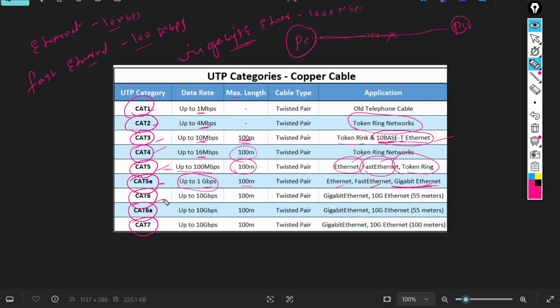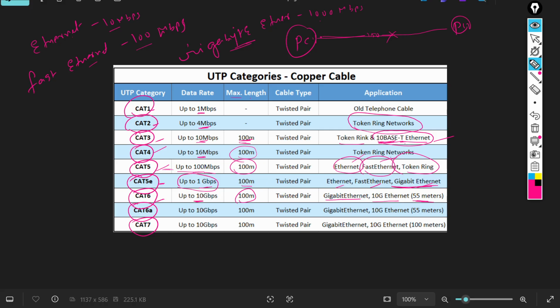Next category 6. Category 6 supports up to 10 Gbps. See here, 10 gigabit Ethernet, 10G Ethernet. That's the distance is here what? 100 meters.